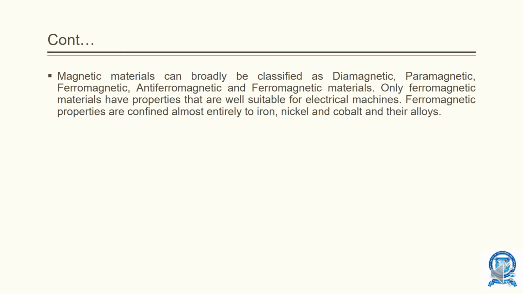Magnetic materials can be broadly classified as diamagnetic, paramagnetic and ferromagnetic materials, and antiferromagnetic and ferrimagnetic materials too. Only ferromagnetic materials have properties well suited for electrical machines. Ferromagnetic properties are found in iron, nickel, cobalt and their alloys.